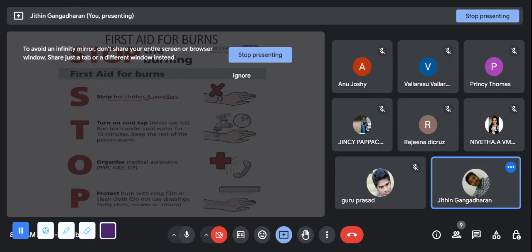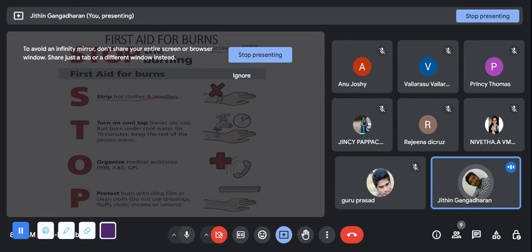But as first aid, when you see the patient with burns, the first thing is to remove the clothes, because the skin hasn't started attaching to the dress yet. So before the skin attaches to the dress, you have to remove it.